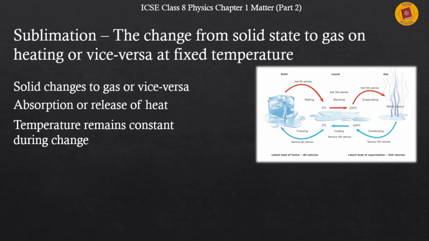Now the last change that we are studying is sublimation, the change from solid state to gas on heating or vice versa at fixed temperature. We have already studied at the molecular level why it happens. Solid changes to gas or vice versa, absorption or release of heat, temperature remains constant during change. Solids have low intermolecular space between them, they are packed tightly.